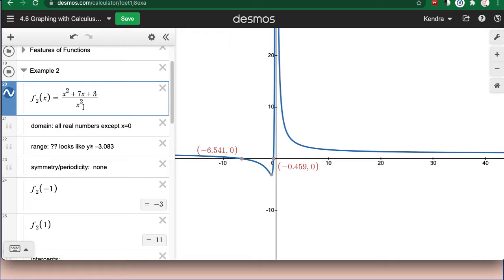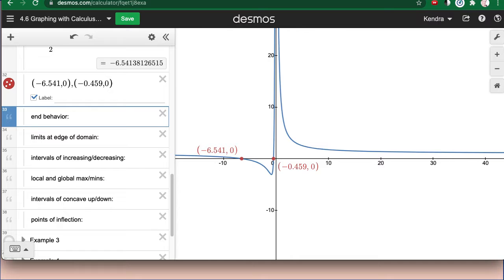This comes from the fact that for large values of x, the higher power terms dominate that function. So that x squared really dominates, and it behaves a lot like x squared over x squared, which would be 1. And that's for large values in the positive direction or in the negative direction. So the limit is 1.